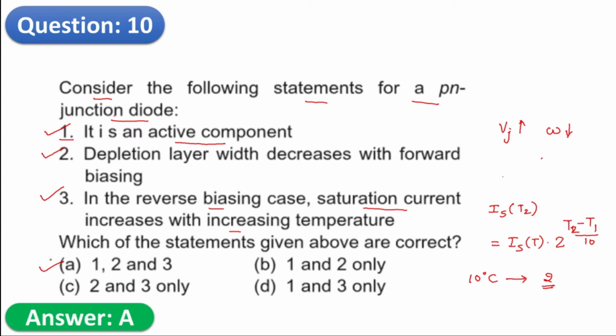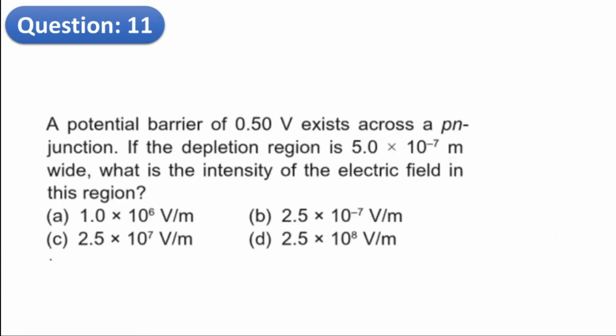Okay, now question number 11. A potential barrier of 0.50 volt exists across a PN junction. Good, so the idea is like this. There is a PN junction diode, and there is a potential barrier V equal to 0.50 volt.